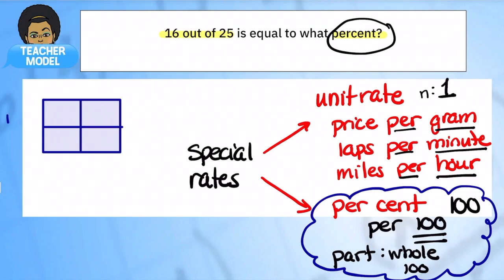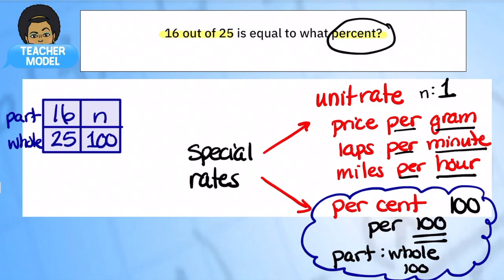And again, this is a part to whole ratio. So in this case, I have 16 out of 25. And just like in the unit rate, we would set this to 1, in this case, we're going to set it to 100. So our total is being represented as 100. And we're going to figure out this number over here.